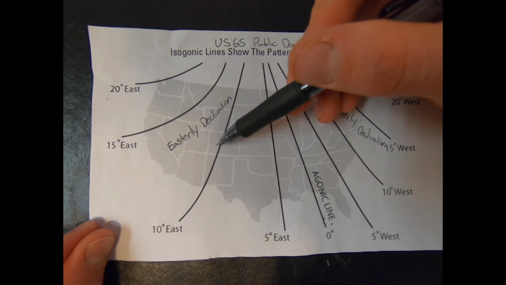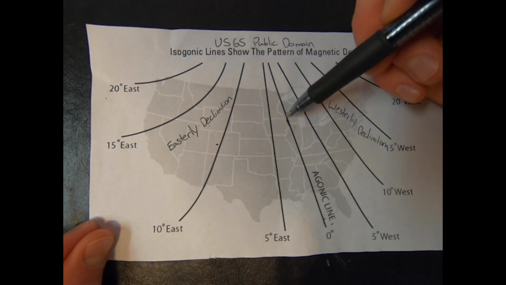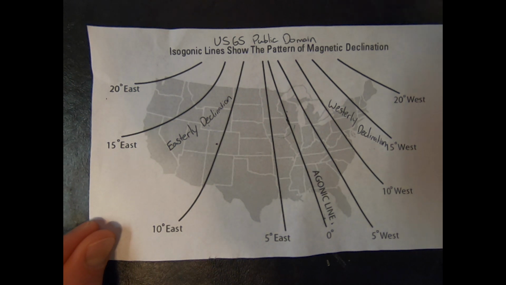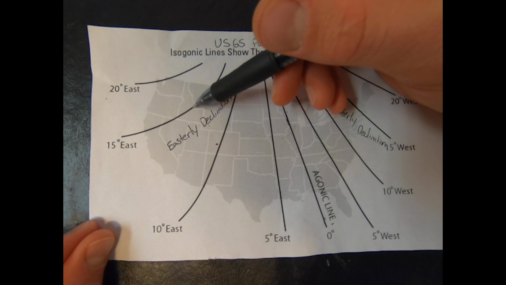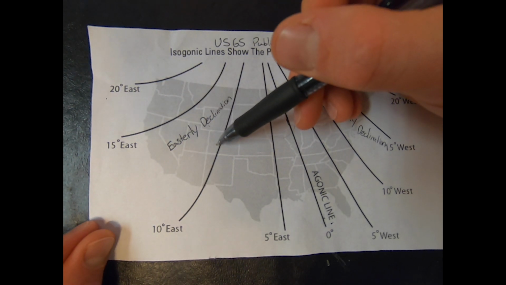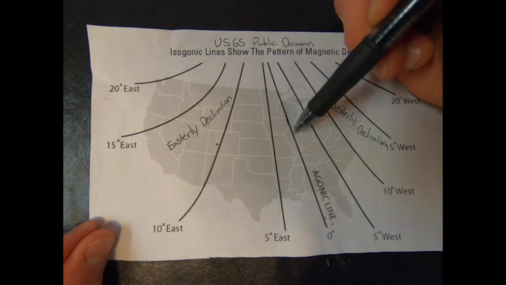So because of that, we want to be adjusting our compass to get back so it reads at this 0 degree line. So all we're doing with our compass to adjust it to true north is adjusting it so it acts like we're reading here on this agonic line of 0.